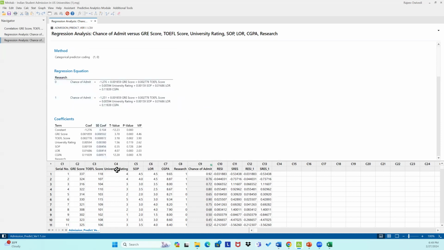Similarly, if you select university rating, there will be five different models for level 1, level 2, level 3, level 4, level 5. So basically this is the difference. Is your question answered?